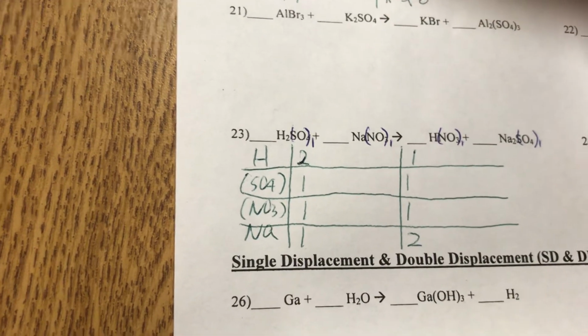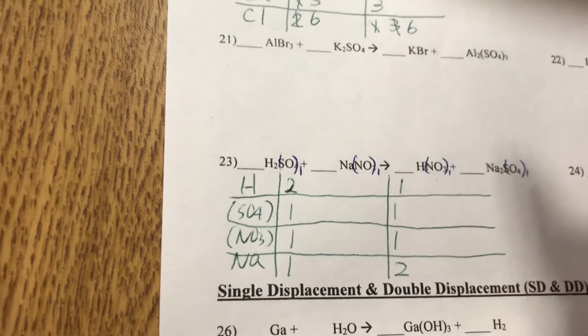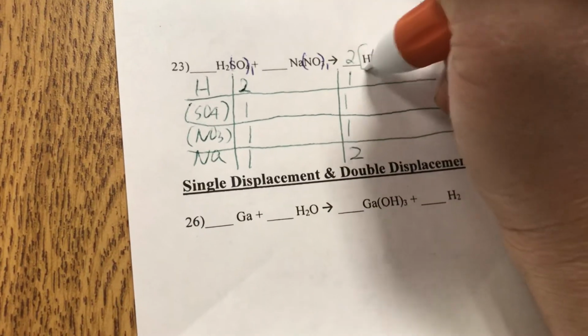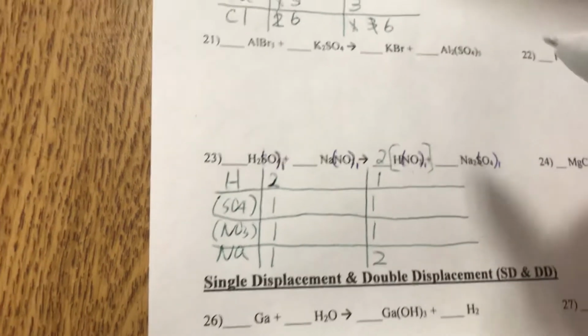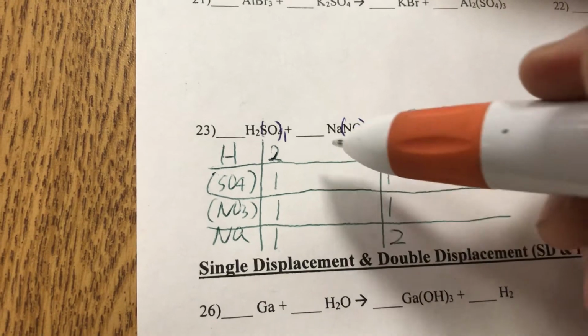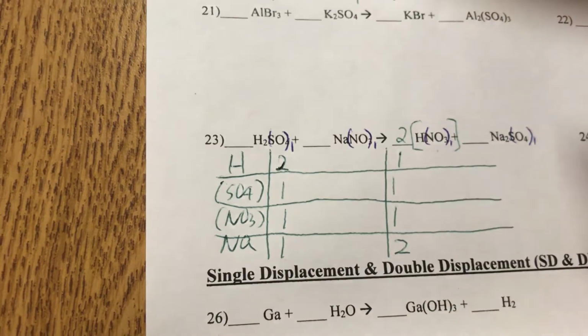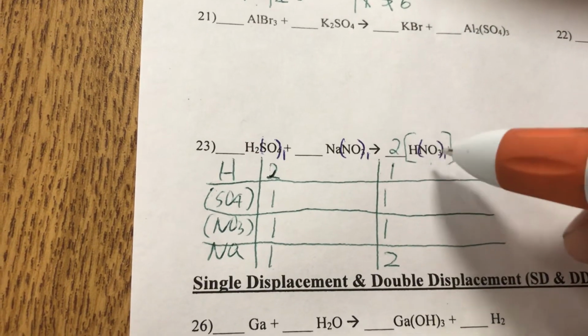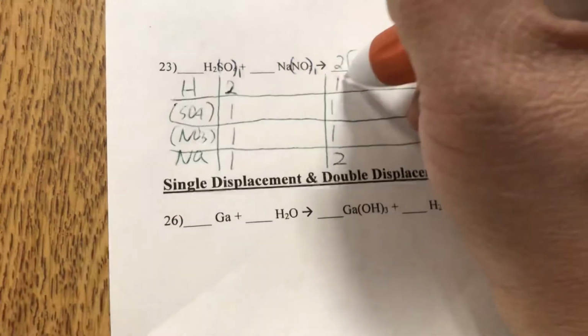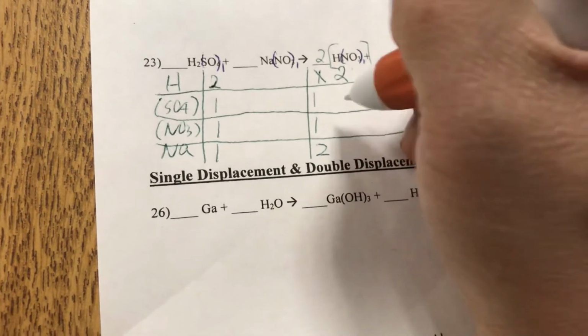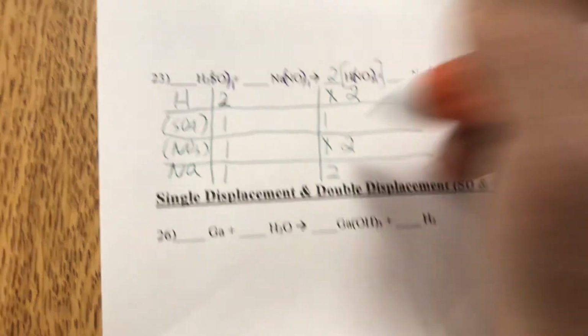Either way is fine, you will get the same answer. So let's say I'm fixing hydrogen. So fixing hydrogen by putting 2 here and bracket. Right? You can fix anyone. The hydrogen first or sodium first, it doesn't matter. So I put the 2 in front, so I got 2 hydrogen, and then I got 2 NO3.